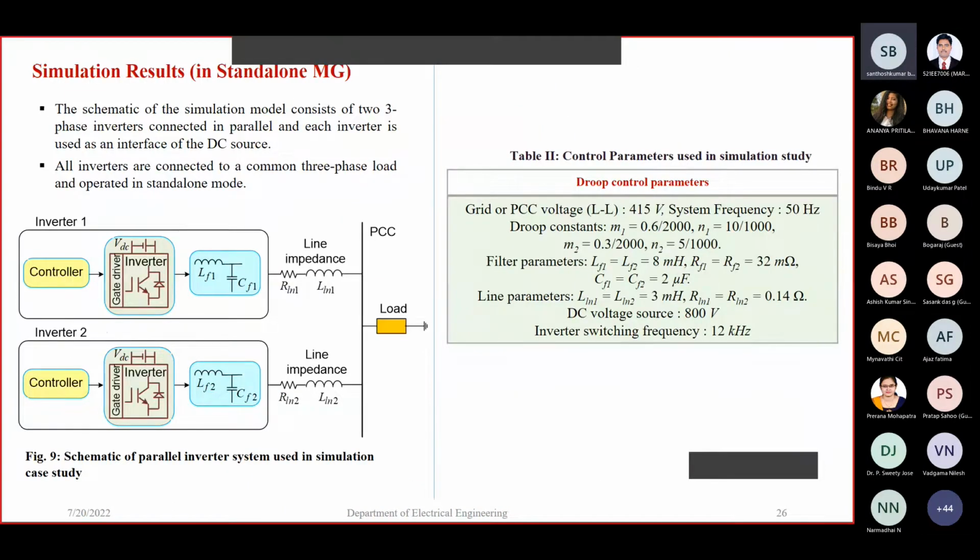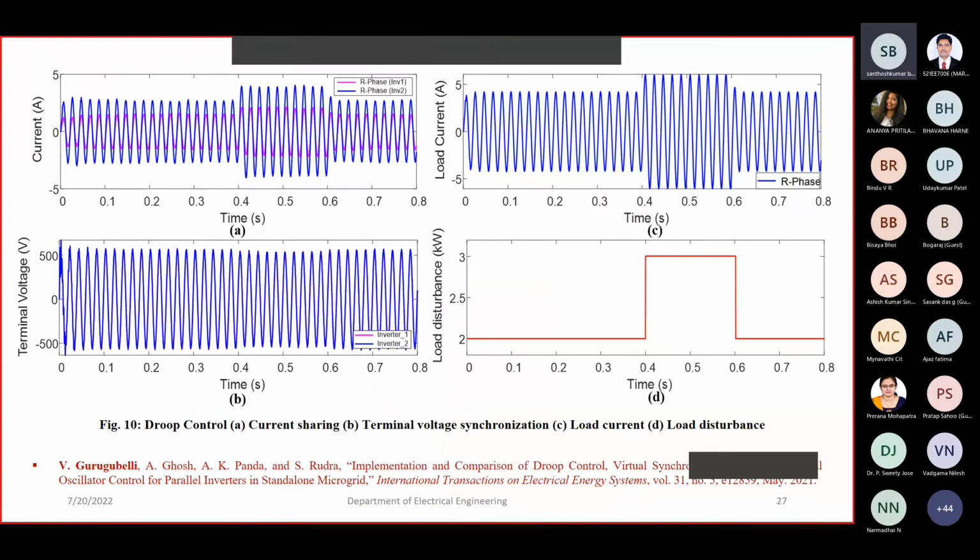Here I'm taking two inverters connected in parallel, and Table 2 shows the control parameters used in the simulation study. Figure 10A shows the current sharing. Here the M has different values.